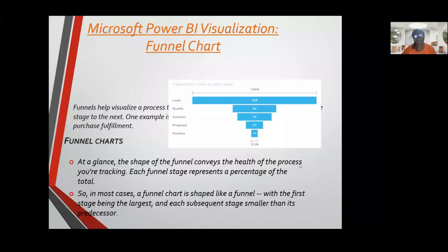Each funnel stage represents a percentage of the total. In most cases, a funnel chart is shaped like a funnel, with the first stage being the largest, as you have it here, and each subsequent stage smaller than its predecessor. So that's your funnel chart.